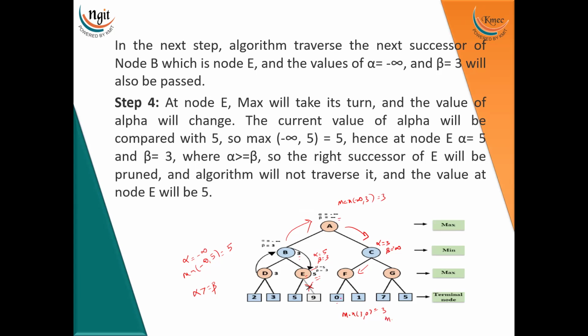So now it is max of 3 comma 1, and the max value will be 3. Still alpha remains the same. But the node value of F, between 0 and 1, the max value will be 1. So now the node value of F will become 1.